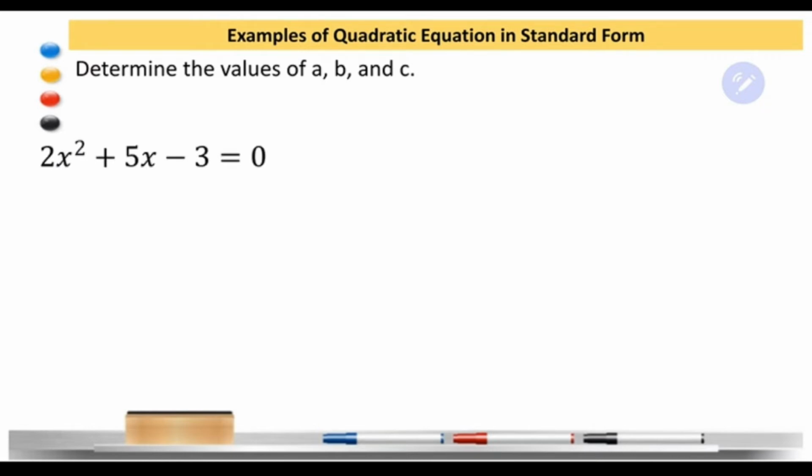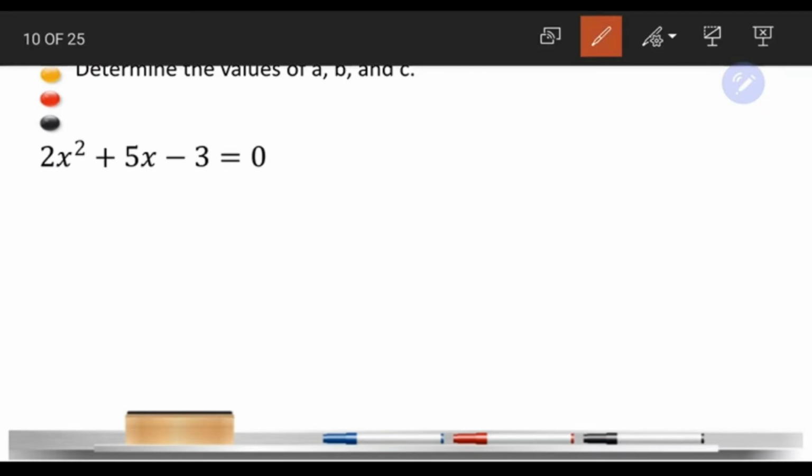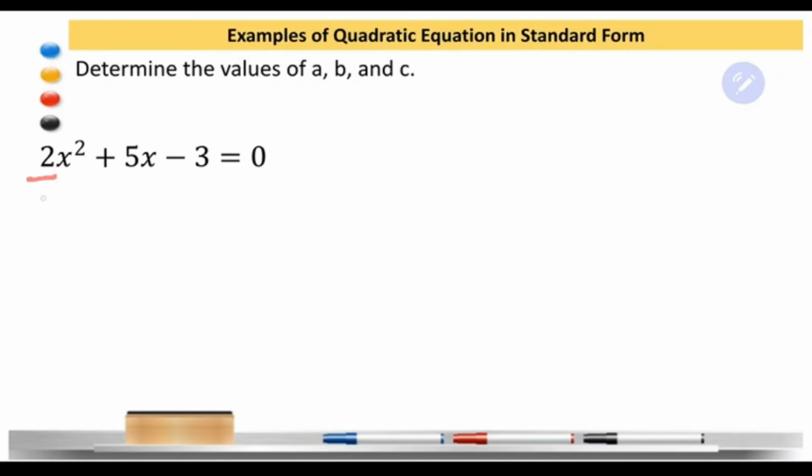So example number 1. I have 2x squared plus 5x minus 3 is equal to 0. Therefore, the value of a here is equal to positive 2. The value of b is equal to positive 5.